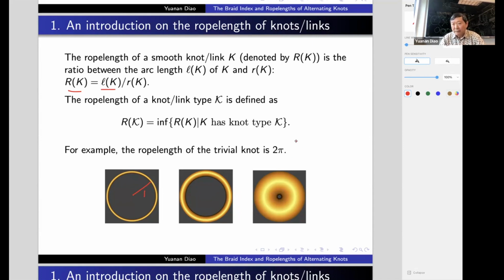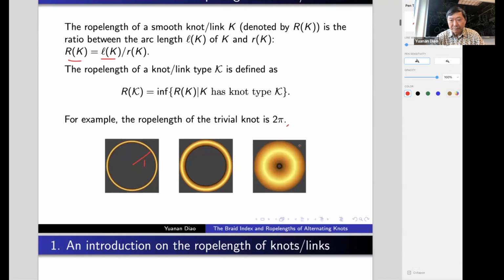And therefore, the rope length of the trivial knot is 2 pi over the thickness, which is 2 pi. That's the minimum. So the rope length for the trivial knot is 2 pi, and that's the minimum.